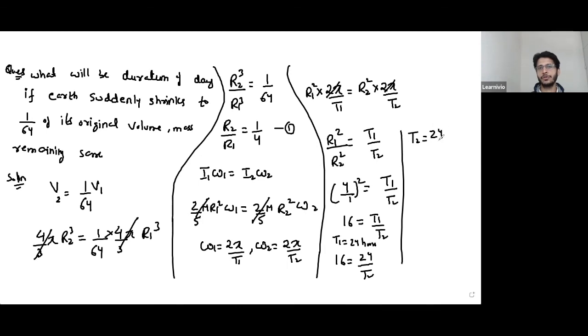It comes out to be 24 by 16, which is 6 by 4, which is 3 by 2, which is 1.5. So if Earth somehow shrinks to 1 by 64 of its original volume, then the duration of the day is 1.5 hours. Is it clear?